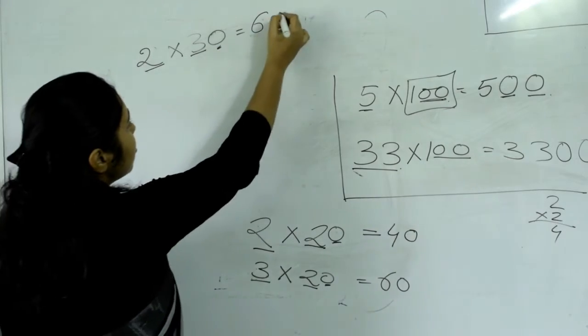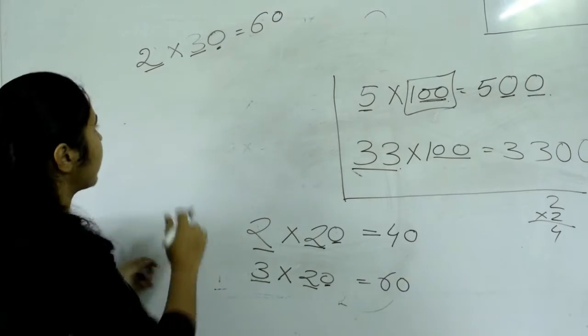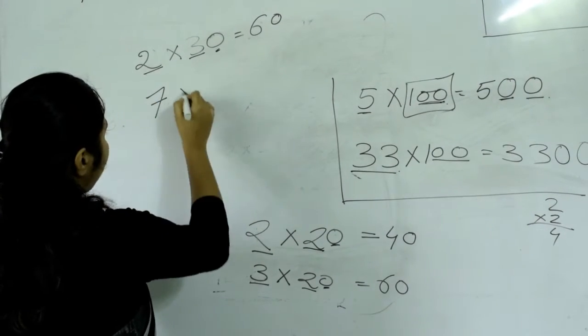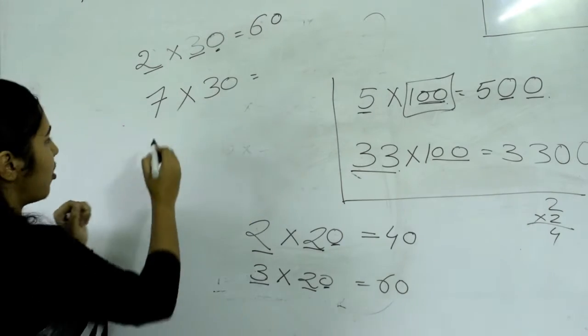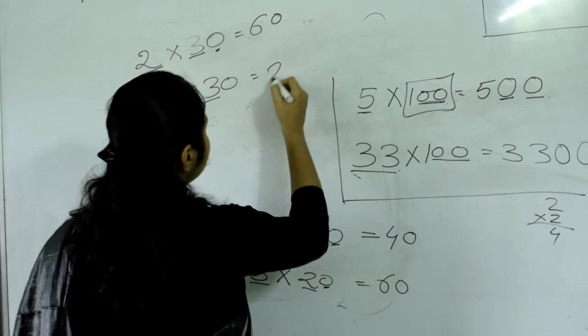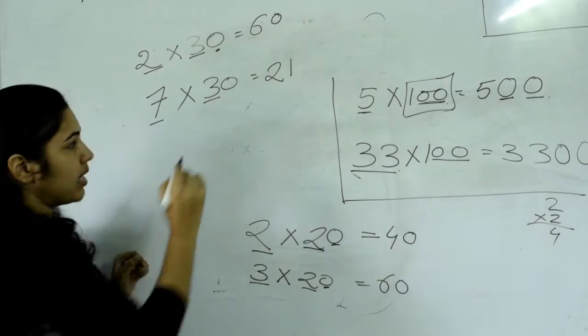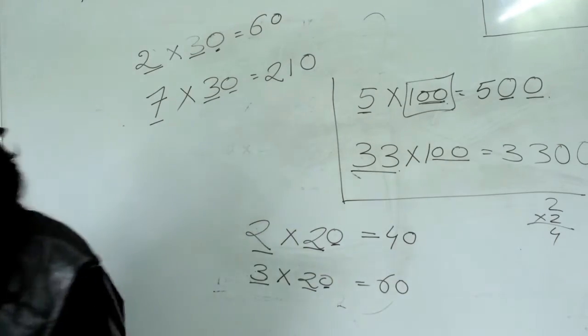And then add 1 0 in 1's place. Similarly, if we multiply 7 with 30, again first of all multiply 7 and 3, 7 3s are 21, and then write 1 0 in 1's place.